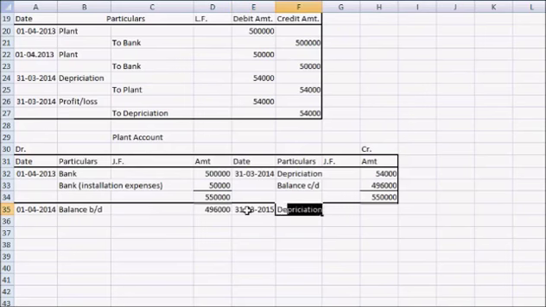Depreciation would be same, like we are using the straight line method, so the depreciation would remain same. The balance amount 4,96,000.